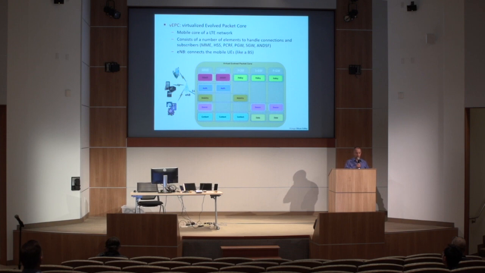It consists of elements such as the mobile management entity, the HSS, and the PCRF, which take care of the different mobile functions. And everything is running here as a virtualized component.